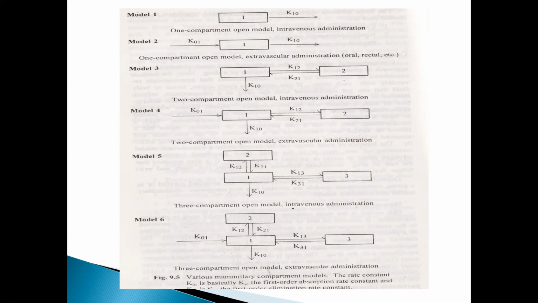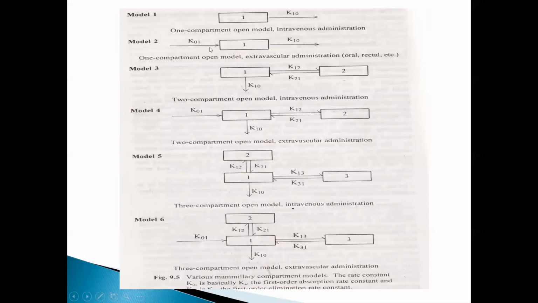Then there is K01 in model 2. Again, this is in the case of extravascular or oral administration. When you are giving the drug through the oral route, for example a tablet or capsule, naturally there will be an absorption phase as well. So it is given by the rate constant K01, from outside to compartment 1.